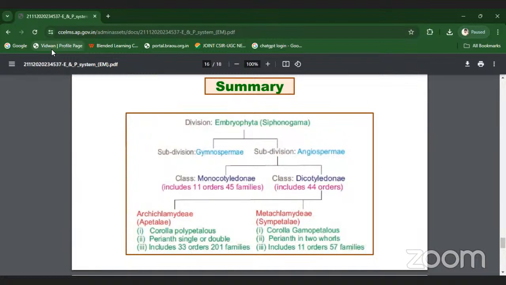Based on Darwin's philosophy, Takhtajan considered the order Magnoliales as the most primitive, like Hutchinson. He derived monocotyledons and Nymphaeales from the hypothetical common ancestor with vesselless wood and monosulcate pollen.